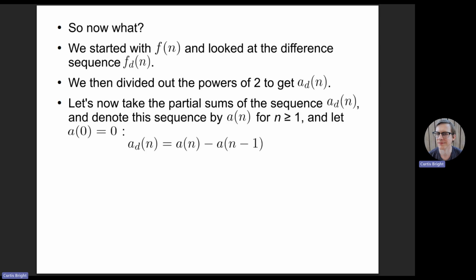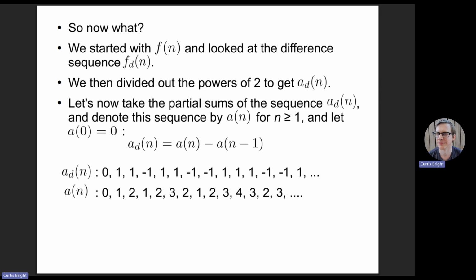And now we're going to go backwards again and take partial sums of this sequence. So we're going to take this a sub d and then just add up the partial sums to get an analogous sequence to our original sequence f. And it looks like this. So again, we're just adding up the consecutive terms to get a of n. This a of n is almost the sequence we want, except it's a little bit smaller because we took out those powers of 2.